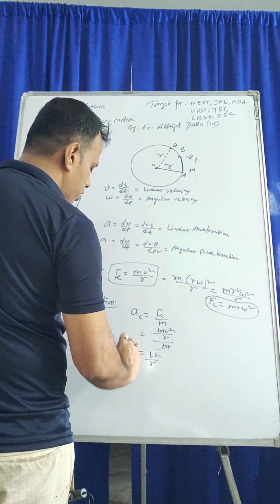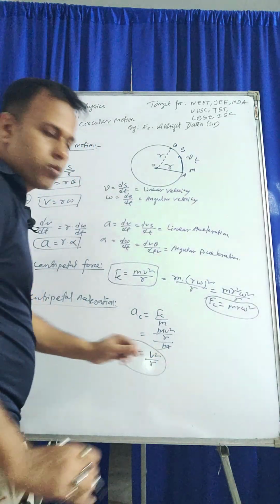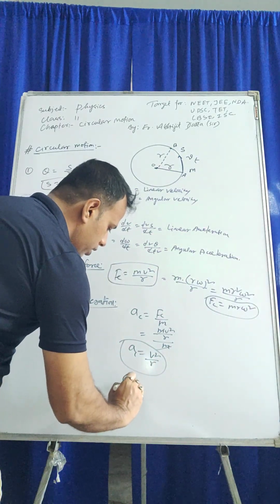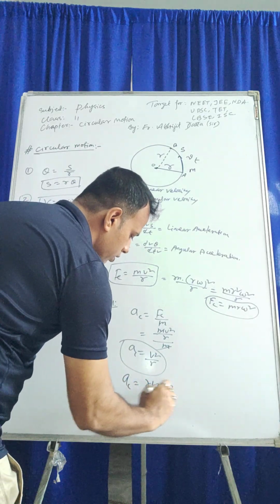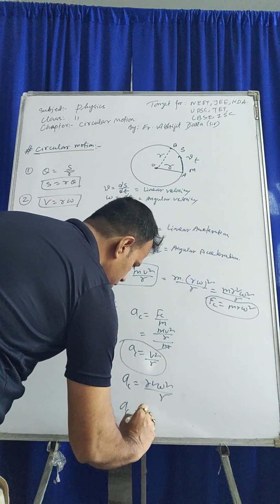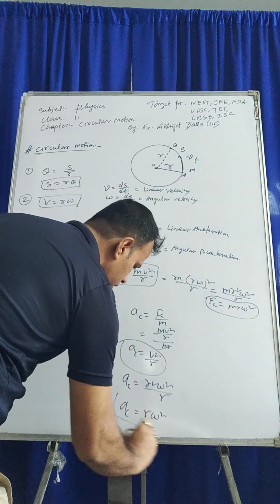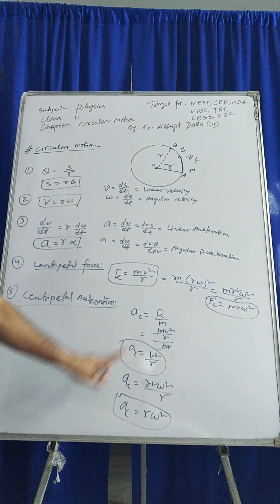So centripetal acceleration in terms of linear velocity will be v square by r. And if you put here v equal to r omega, it will be r square omega square by r. So centripetal acceleration will be r omega square. Okay, r omega square. So this one is centripetal acceleration and this one is centripetal force.